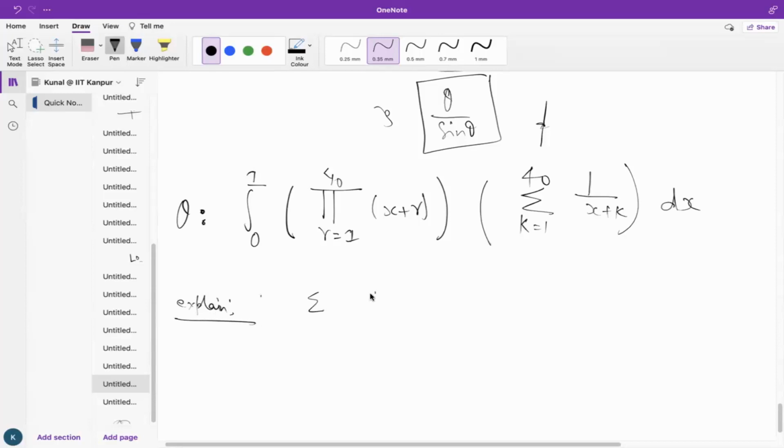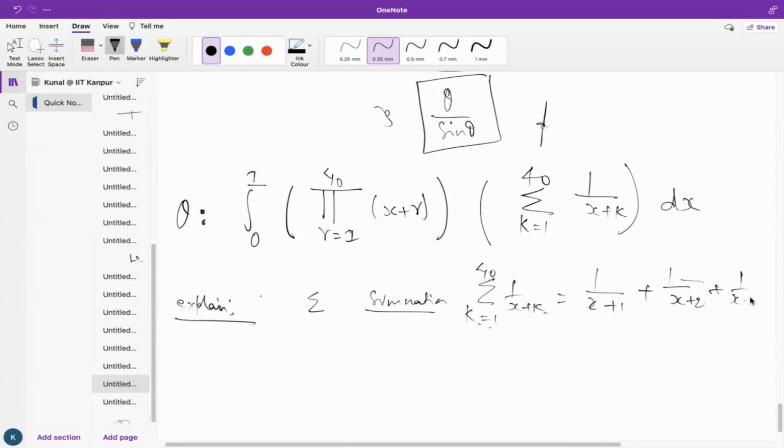This is the symbol of summation. Basically, whatever is written here, like summation k equal to 1 to 40 of 1 by x plus k, we can write in this form: first k equal to 1, so 1 by x plus 1, then 1 by x plus 2, because the next time we come here the k value is 2.